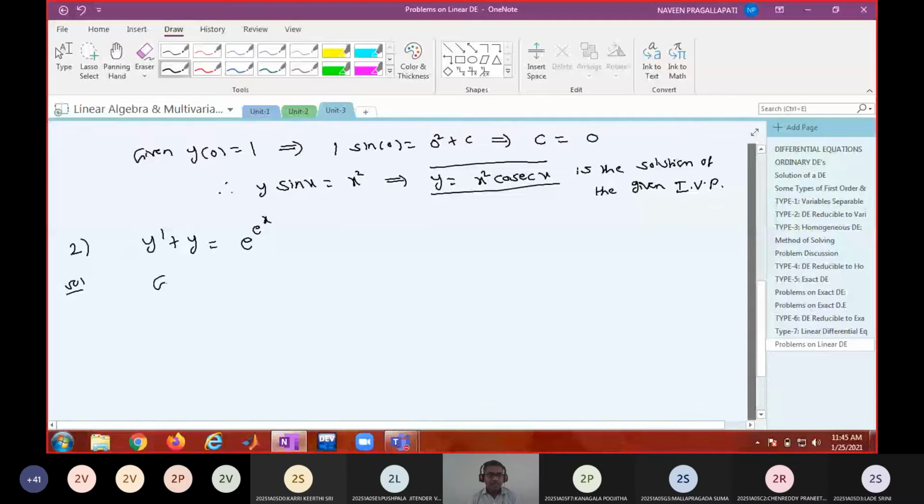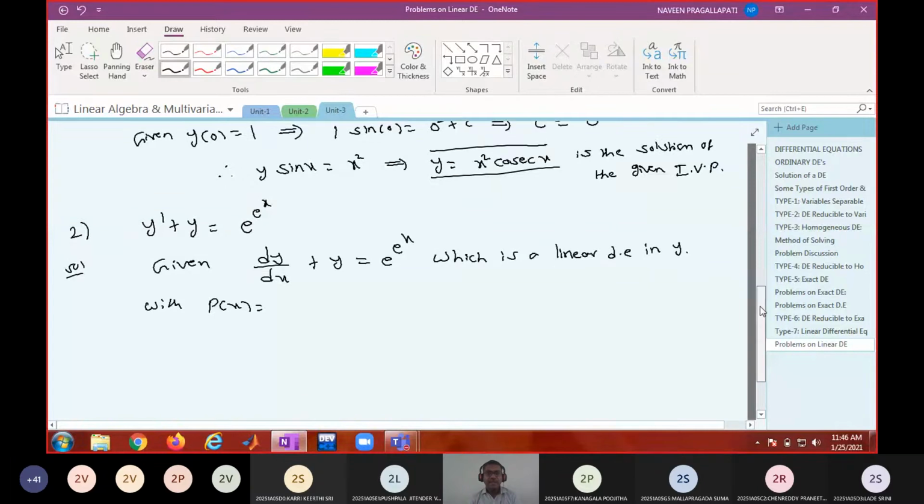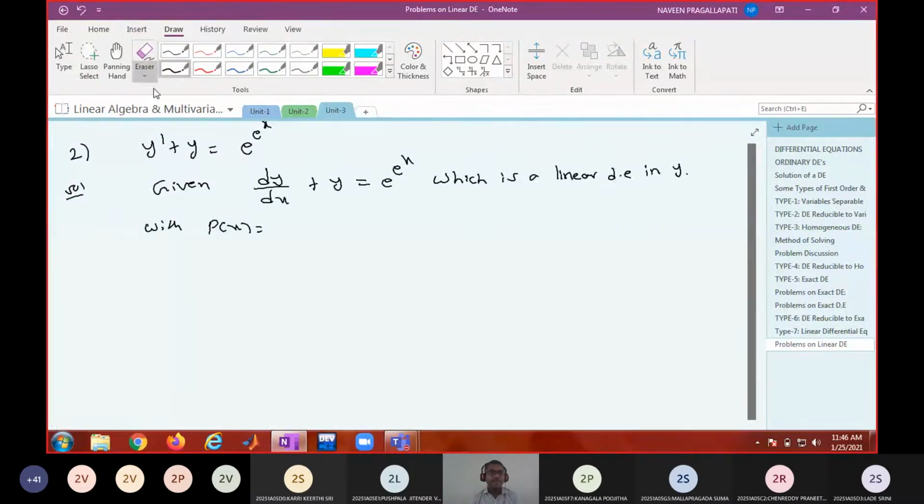Okay. So what is given? dy by dx plus y is equal to e power x, which is linear in y, with P of x equals, what is P of x here? 1, the coefficient of the dependent variable, and Q of x is equal to e power x.